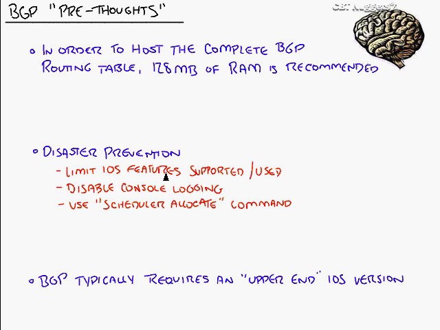But the more features you add to that router, it's kind of like if you're a Windows 2000 or 2003 guru, you know that the more services you have running in the background, the slower that machine performs. Same thing here. If you have a lot of IOS features that maybe you're not even using, there are still services running in the background, like IPX, AppleTalk, I mean, to support protocols that just aren't really used in many networks anymore.